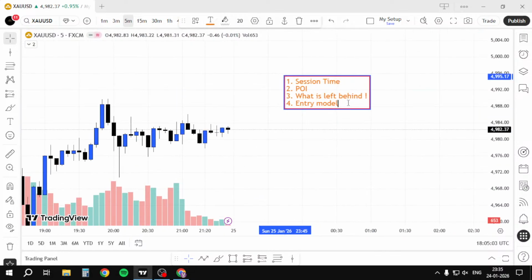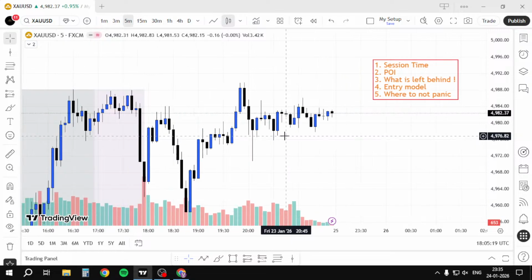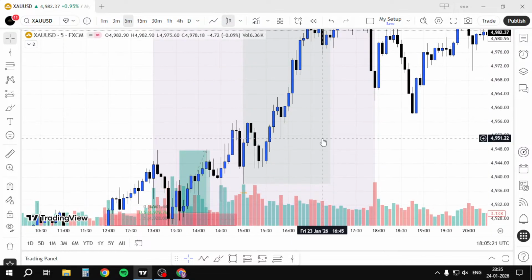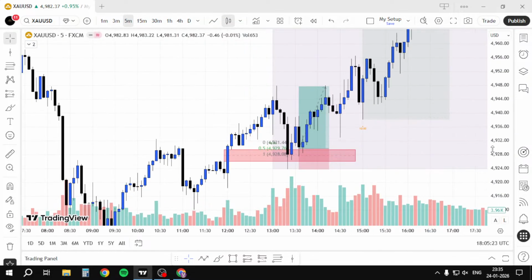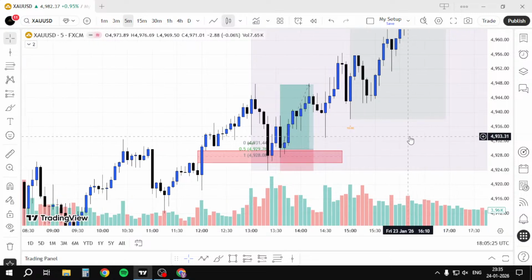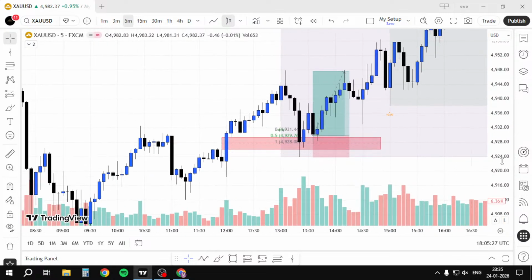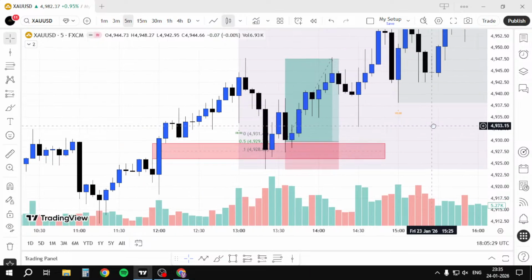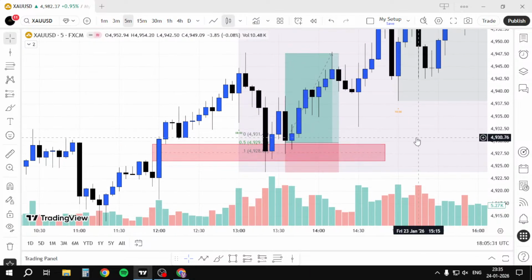Entry model done. Then where to not panic. Most traders make a mistake. What's the mistake? They take partial bookings.